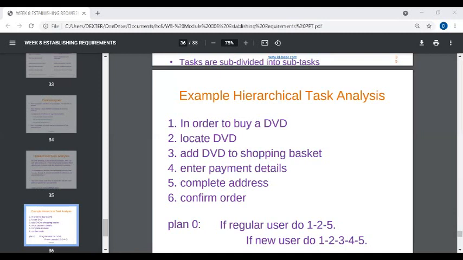This task can be decomposed into subtasks of locate DVD, add DVD to shopping basket, enter payment details, complete address details, and confirm order. Some of these subtasks might not be performed if the user is a regular user. Entering payment and address details may not be performed in this case.